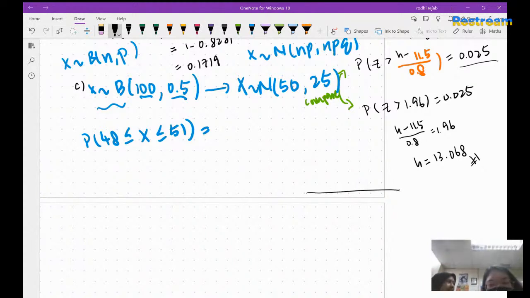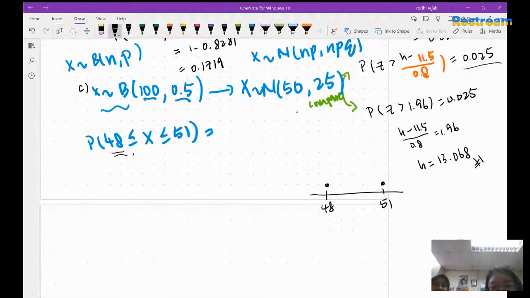Okay, so sini 48, 51. Ini 48 juga include. So sekarang kami nak buat continuity, kami tak mau include 48. So tak. Kami include 48. So kami akan ambil yang lebih kecil 0.5 lah. Dapat 47.5.